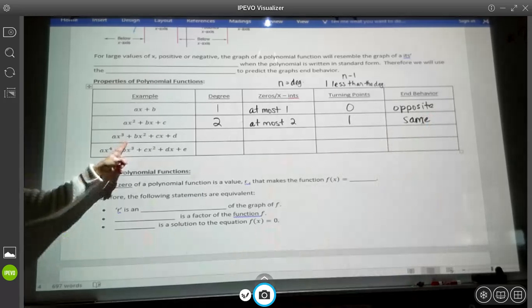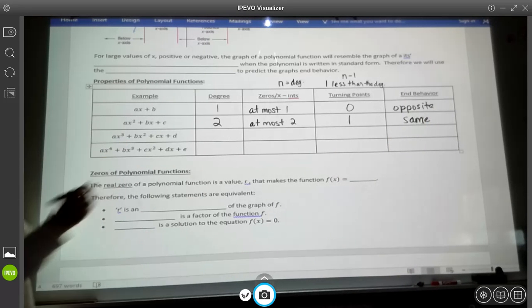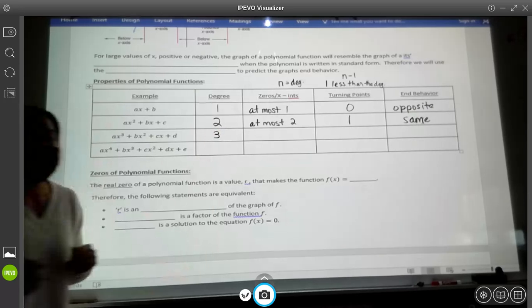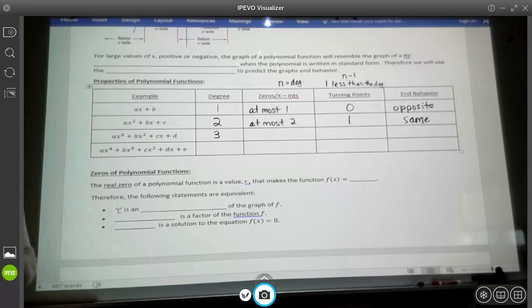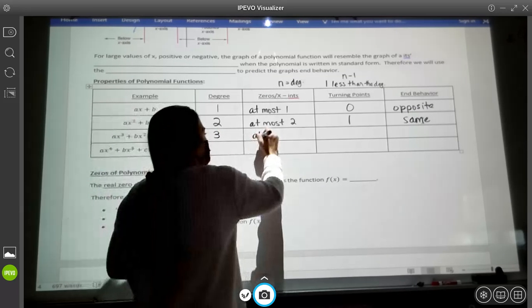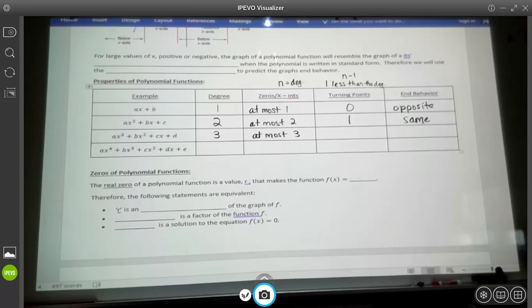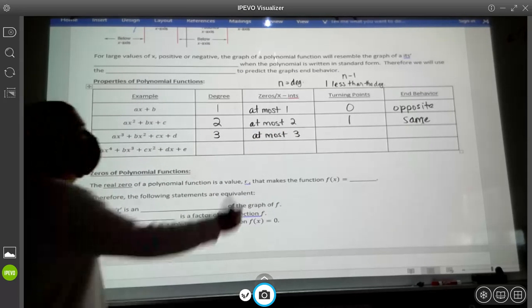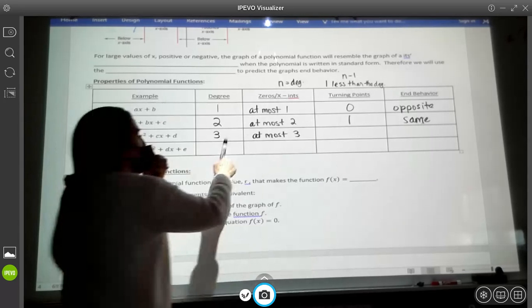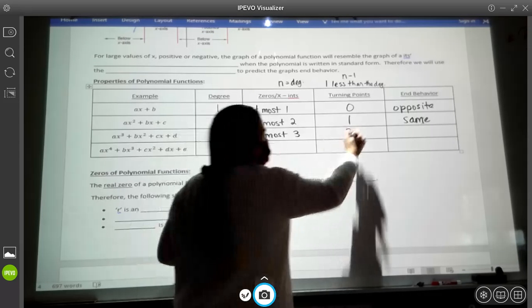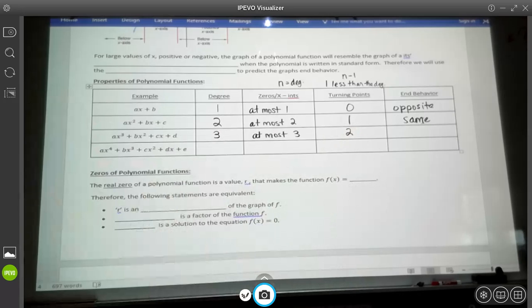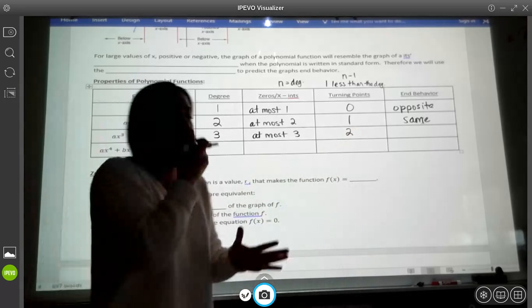All right, an example of a degree 3 polynomial. A degree 3 polynomial can have at most 3 x-intercepts. Again, if you count all the repeated ones, it will have exactly 3 x-intercepts. Then it can have at most 3 minus 1, 2 turning points. A degree 3 polynomial can turn at most 2 times.